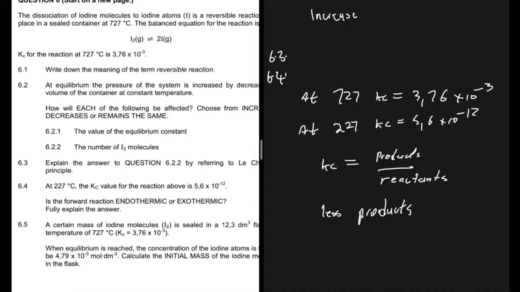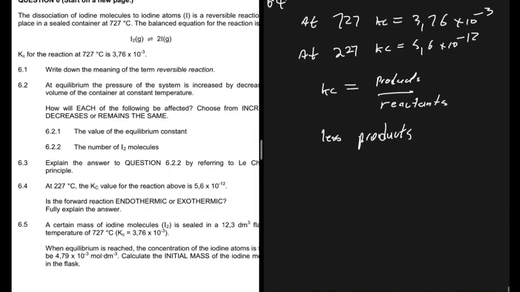So the reverse reaction was favored by the decrease in temperature. Which reaction is favored by a decrease in temperature? That reaction is exothermic, right? So the reverse reaction is exothermic. That tells us consequently that the forward reaction is endothermic.